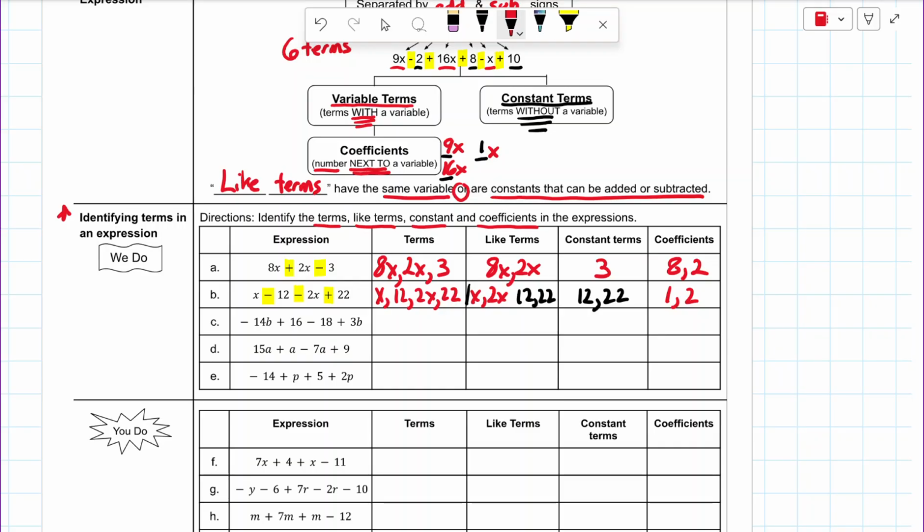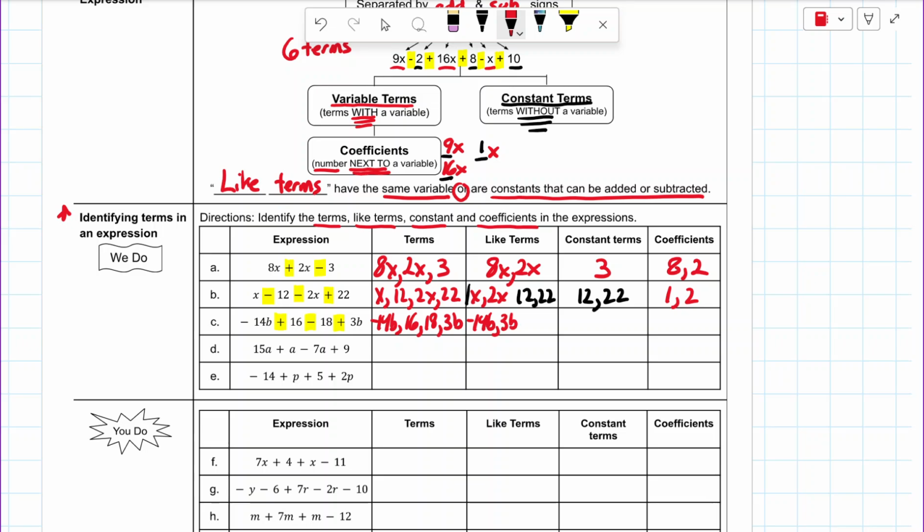On to the next. This one has a negative sign out in front, so don't bother with that one. Here's a plus sign, minus, and plus. So we have four terms again. Our four terms are negative 14b, 16, 18, and 3b. Our like terms are the b terms, negative 14b and 3b.